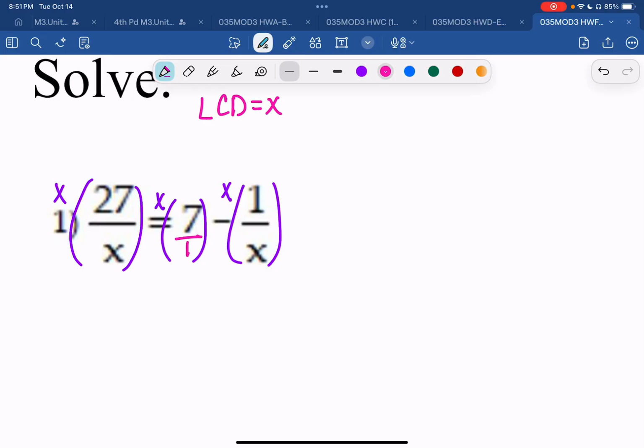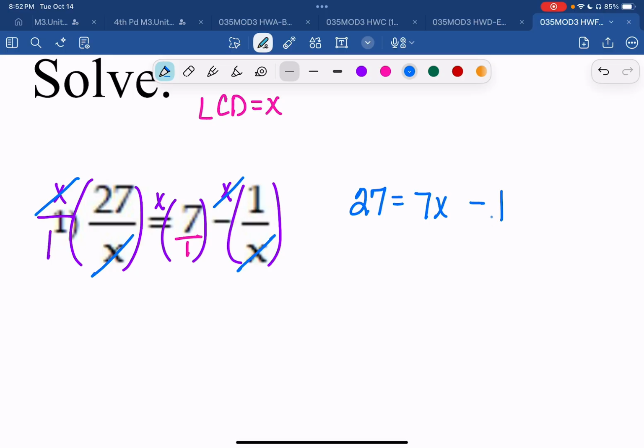What I mean is, I can see that, okay, x, remember this is x over 1, right? This x and this x cancel. And so the only thing I have left is 27 equals, well, there's nothing to cancel in this one, so I have 7x minus this x and this x cancel, 1.